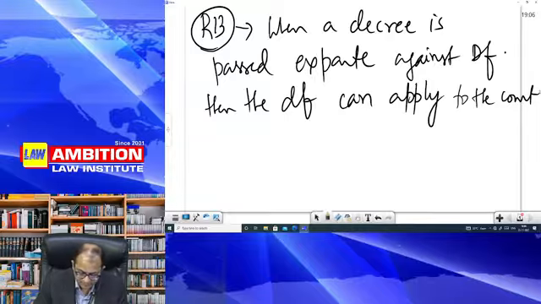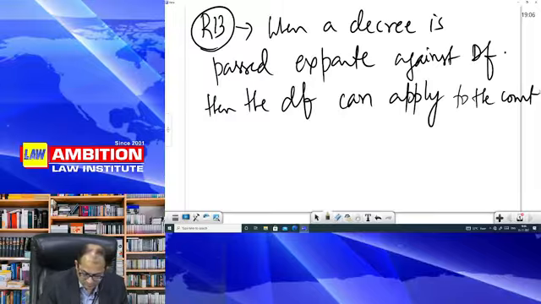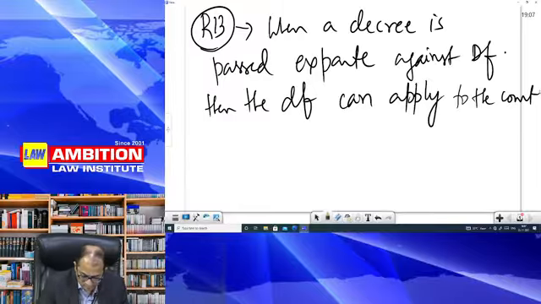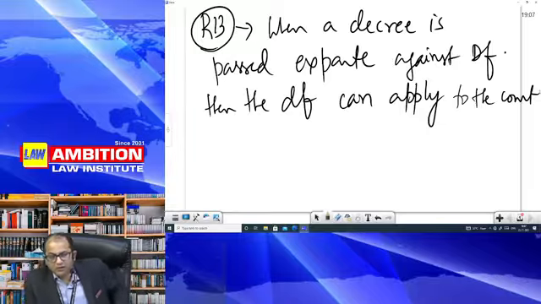in case of non-service of summons, or in case of summons not duly served, or due to sufficient cause.